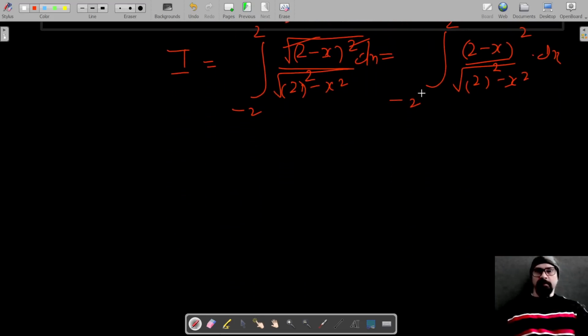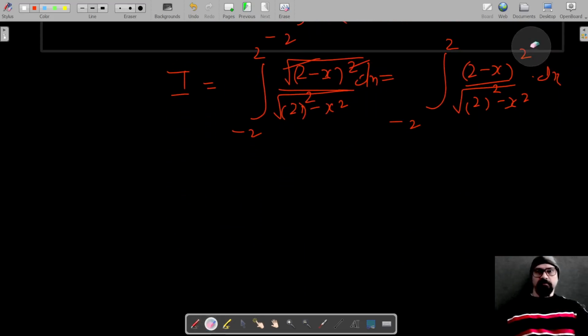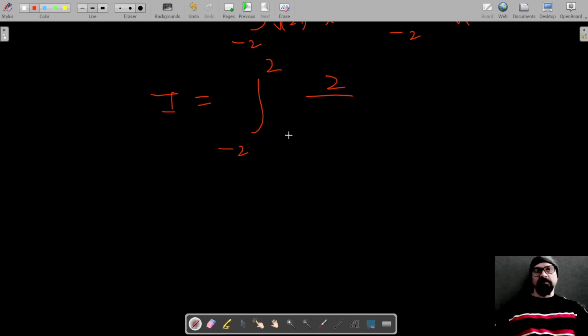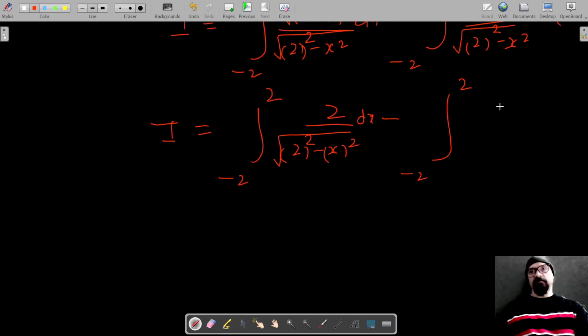Okay, so this is actually not square. Now let me separate these terms. So -2 to 2, this is 2 upon under root of 2 square minus x square, minus x on under root of 2 square minus x square, into dx.